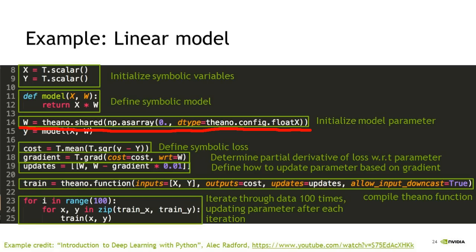What borrow equals true does is prevent multiple copies of the numeric data being created in memory. So when you define, for example, a Theano shared parameter with borrow equals true, and you compile your function to GPU, the value will be copied over to the GPU and it won't be duplicated or copied over multiple times.